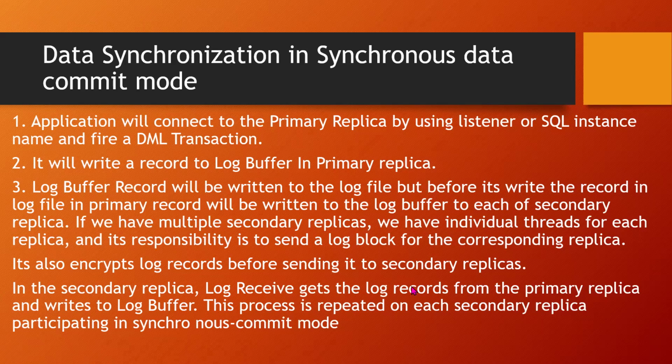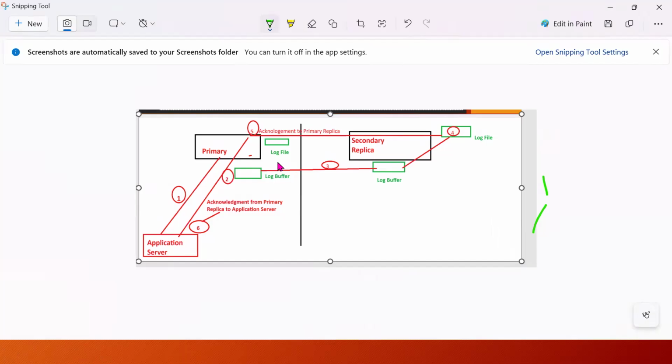Coming to the first step, if I go to my picture, you can see this is my application server, which I have created down here. In this application server, the user is going to fire a command.